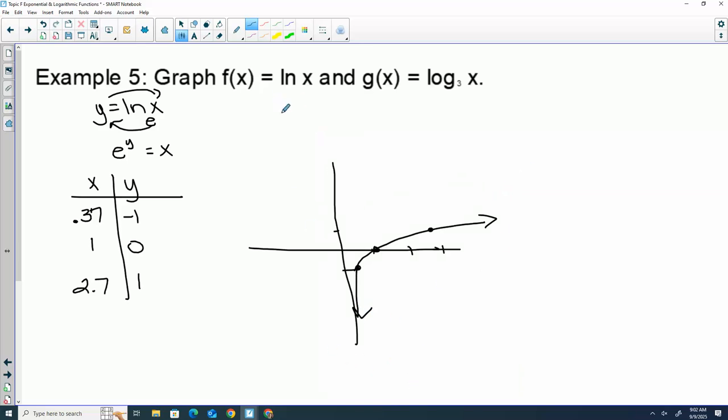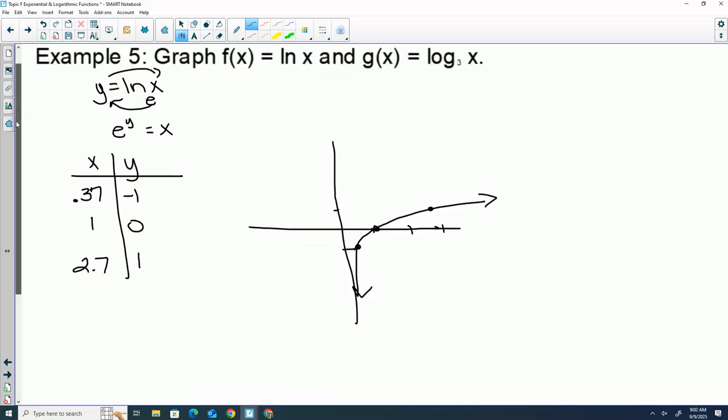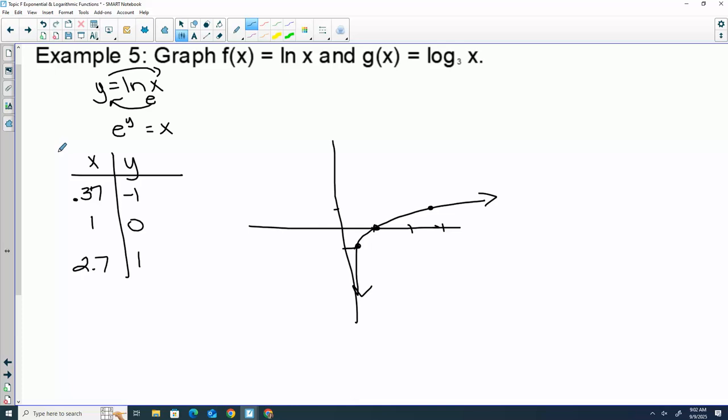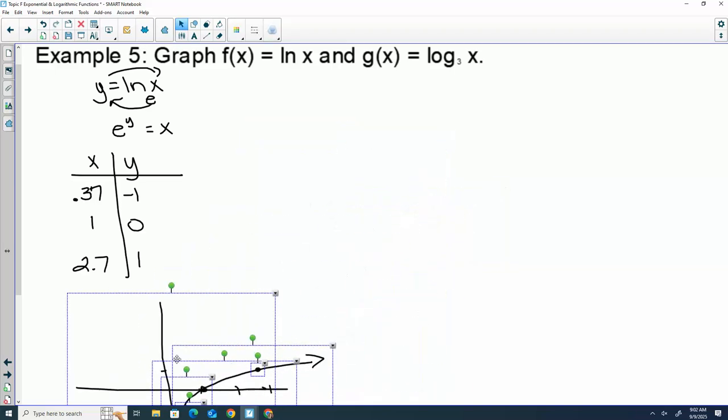Alright, and if I asked you to do something like natural log of x plus 2 or something like that, we could just apply transformations to this. Any questions on that one?